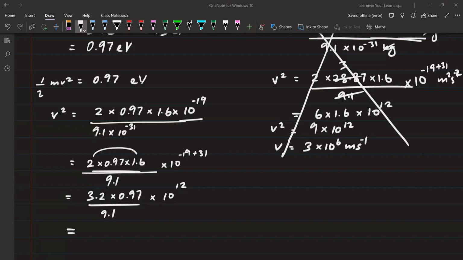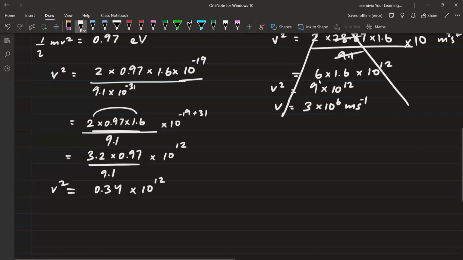This is coming as 0.34 for me. 0.34 multiplied by 10 to the power 12, v square.